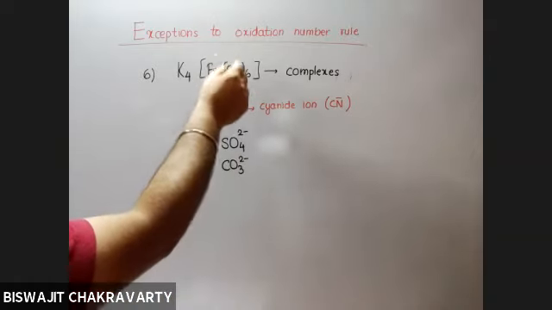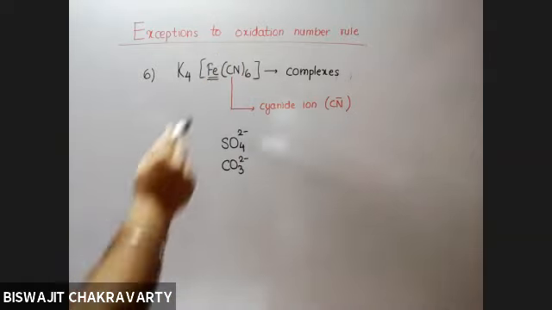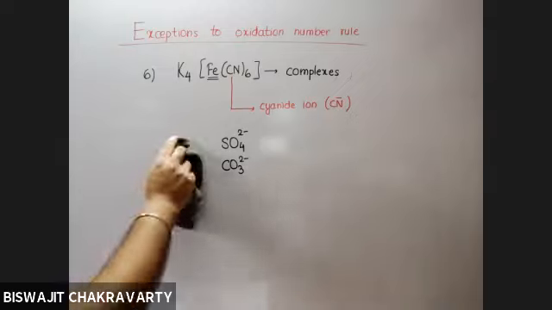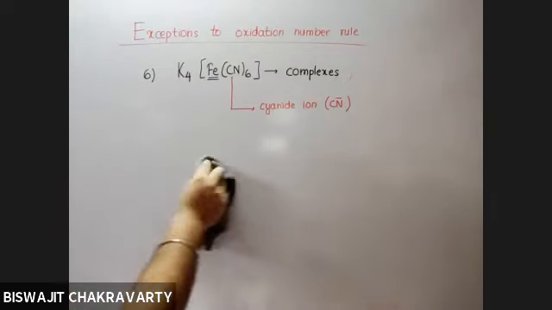Now you put in -1 for each cyanide and tell me what is the oxidation state of iron coming. +6. +6 is not allowed for iron, beta. How much should be the oxidation state of iron?